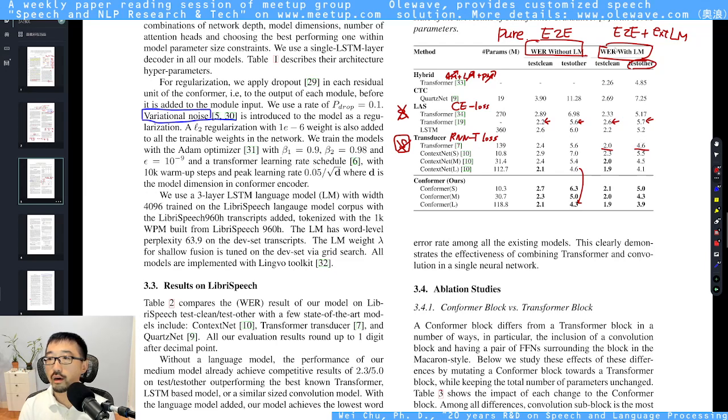And when they are using the language model, on the test clean case they are still roughly the same, but they get about 5 to 10% improvement. So at the time of publication, they have the state-of-the-art model, okay?